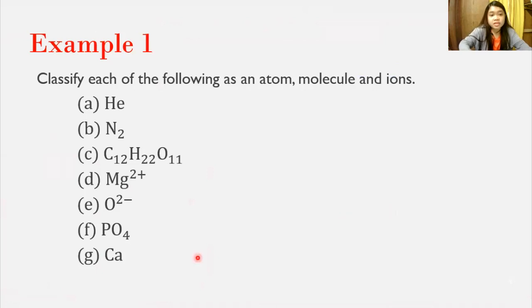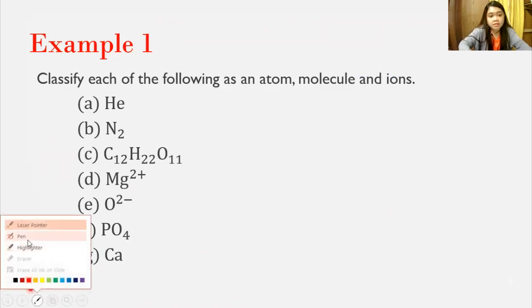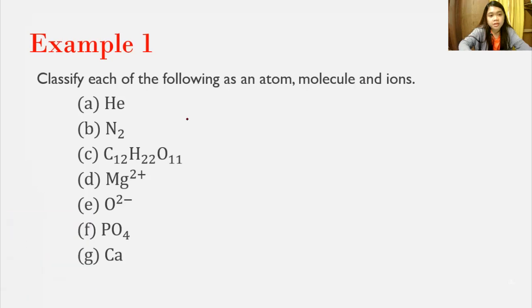Now we go to example problem 1. Here we will classify each of the following as atom, molecule, or ion. For letter A, helium. So helium, what is it? Yes, it's an atom.